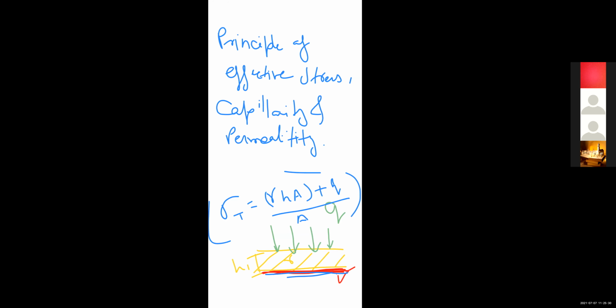This is the total stress. Total stress equals total normal force divided by cross-sectional area.